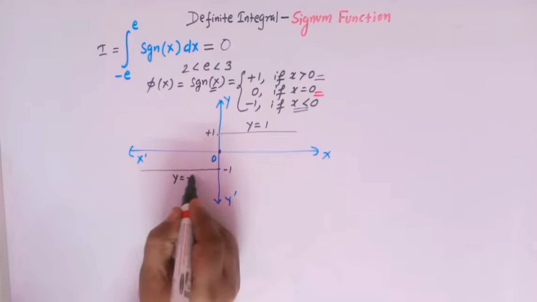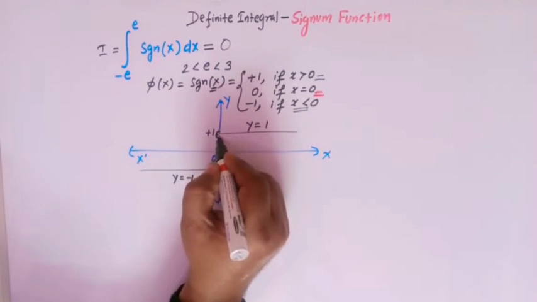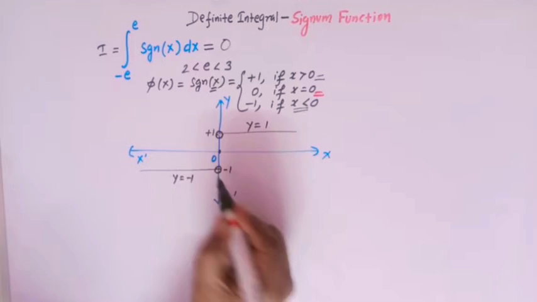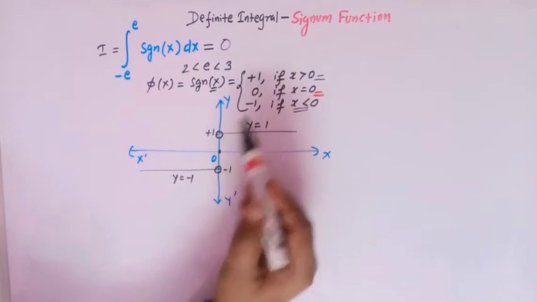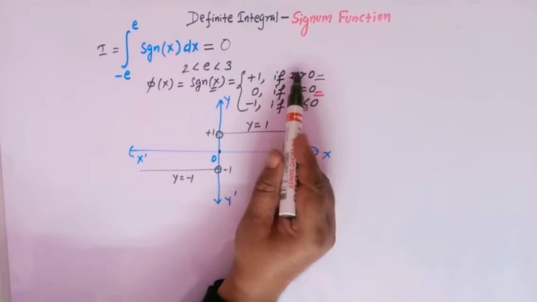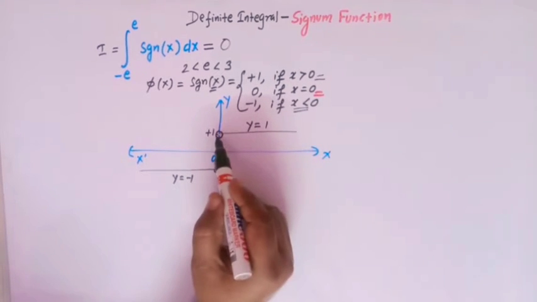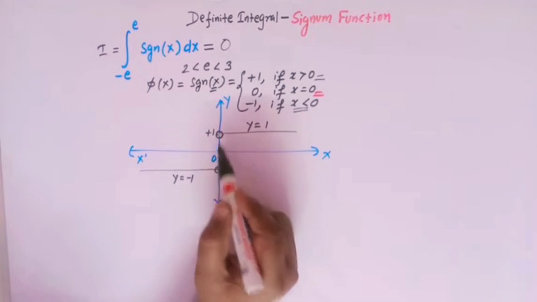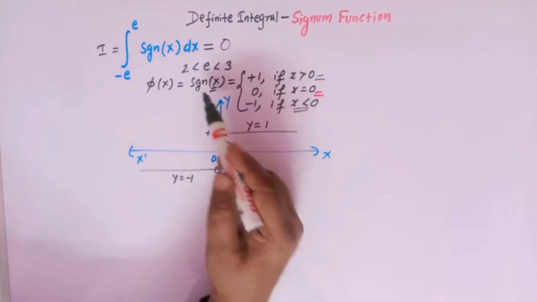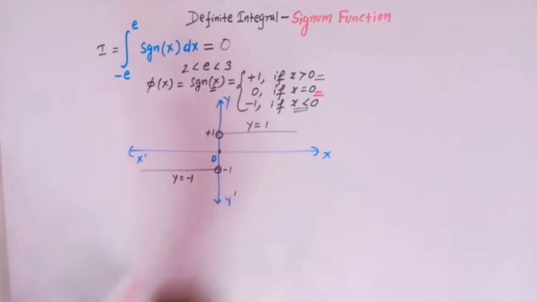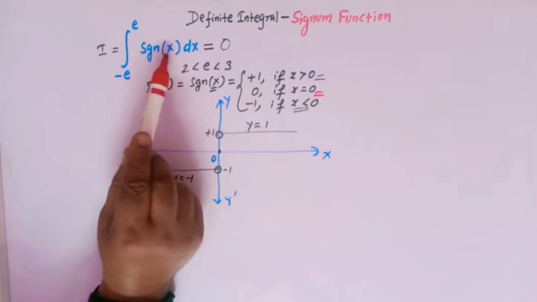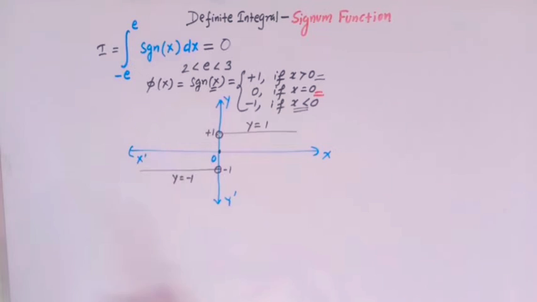This is y is equal to minus 1, and here we have the open circle, which implies that x is greater than 0, right? So we'll exclude these 2 points. Okay, so this is the graph of signum of x. Now in the given problem we have to integrate signum of x from minus e to e, right?